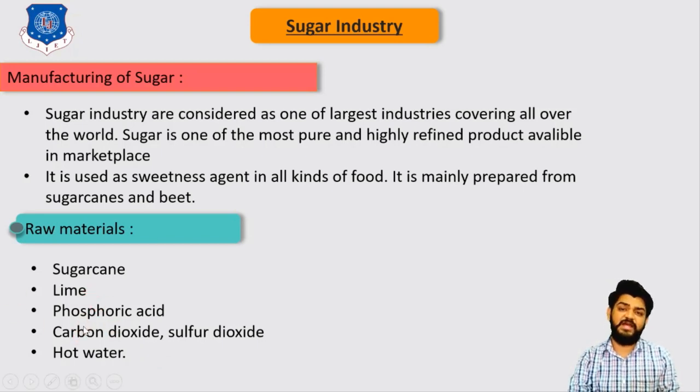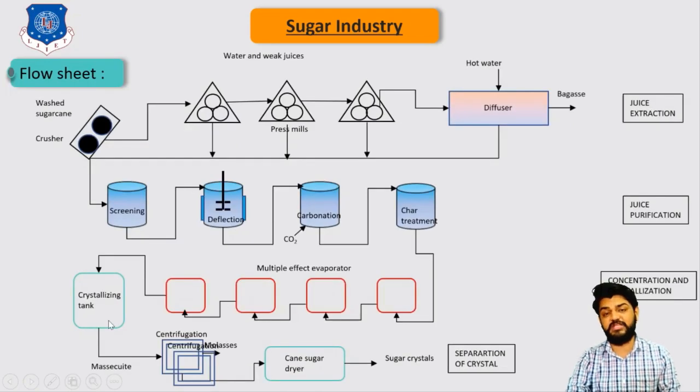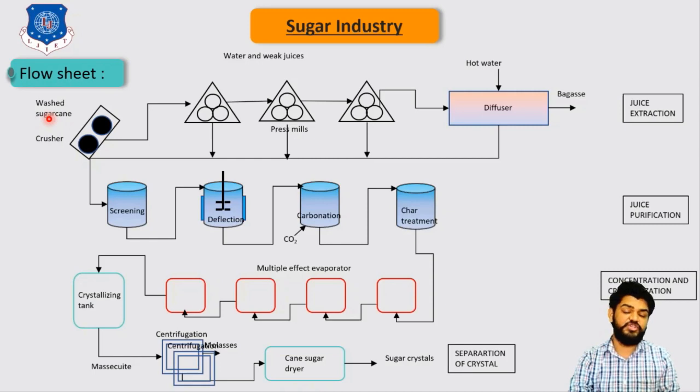Now let's quickly understand the flow sheet for the manufacturing of sugar from sugarcane juice. This flow sheet starts from this point where we crush our sugarcane. This is the crusher, as you can see here, and we are crushing the washed sugarcane.